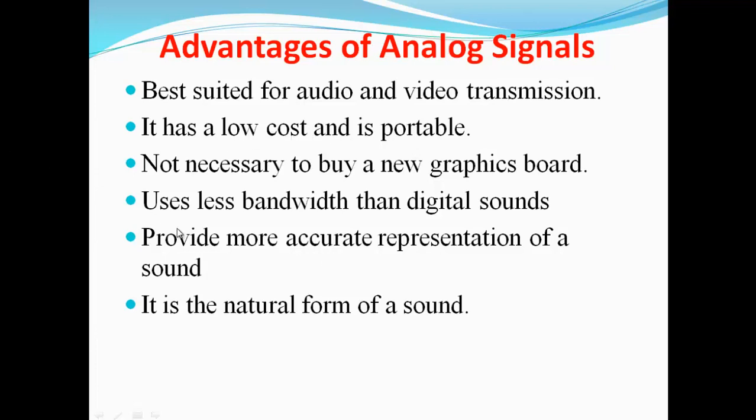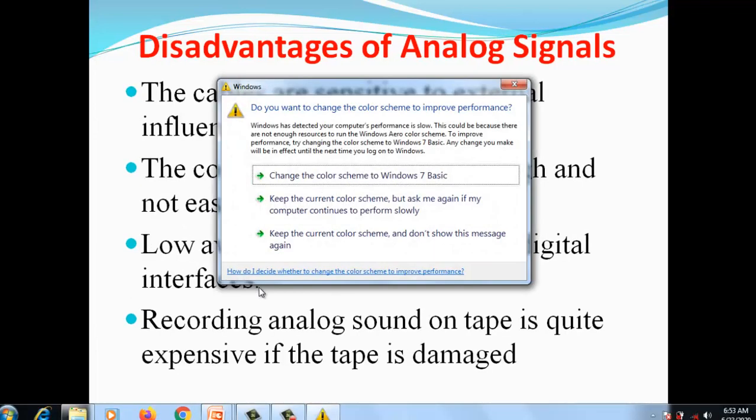It is not necessary to buy new graphical boards. It uses less bandwidth than digital signal and is quick at forwarding the data. It provides a more accurate representation of sound. It is the natural form of sound.